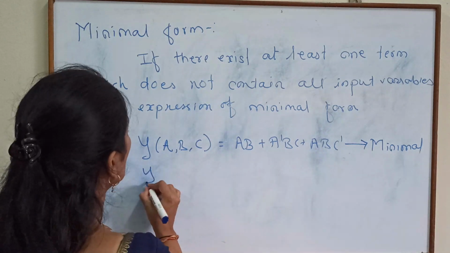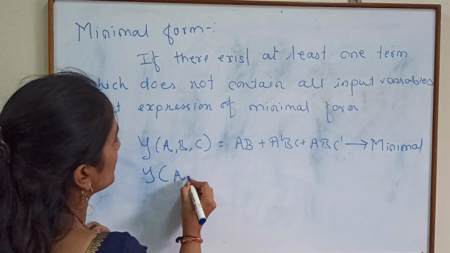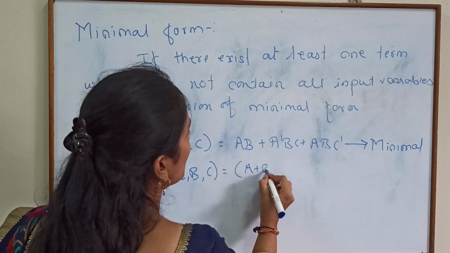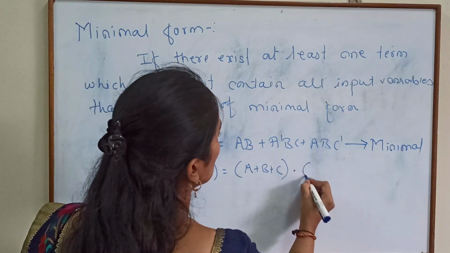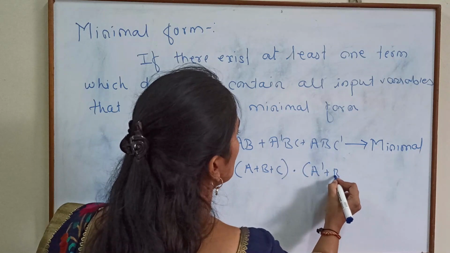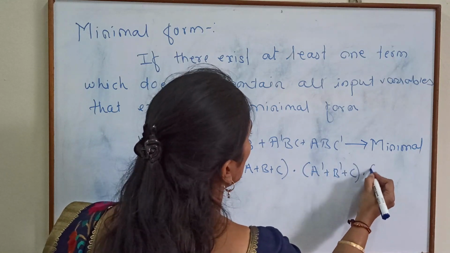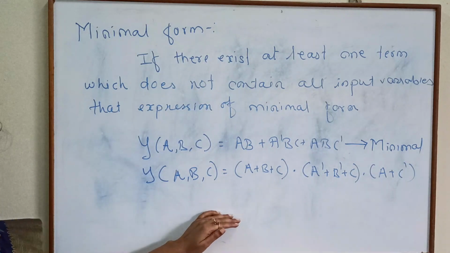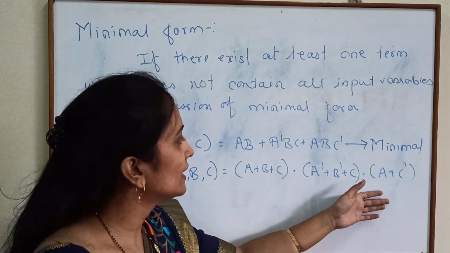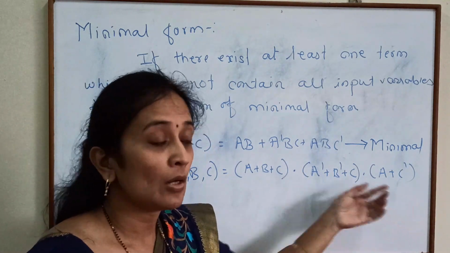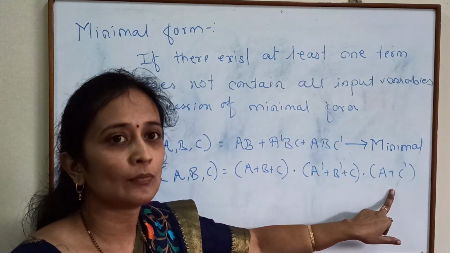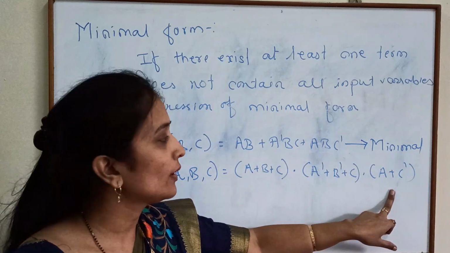If we take product of sum, A plus B plus C into A dash plus B dash plus C into A plus C dash. This is the product of sum. How many terms are there? 3 terms are there. But in the third term, B is absent. One variable is not there.